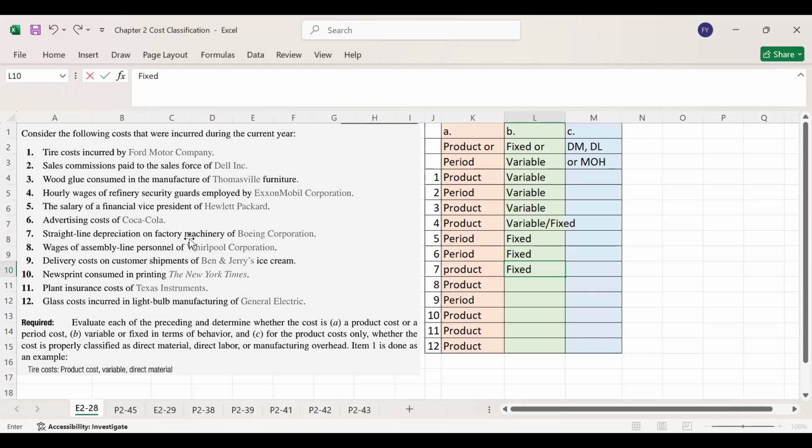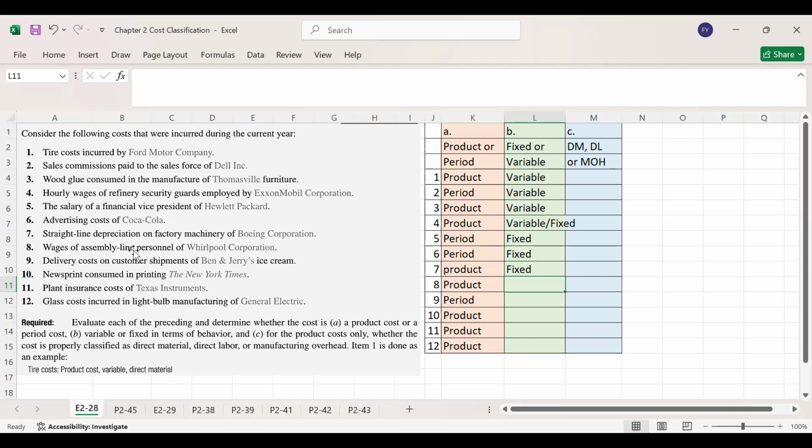If the depreciation is based on the hourly method or units produced method, then this depreciation will be a variable cost. But in this case, as it is a straight line method, this depreciation is a fixed cost. Next is wages of assembly line personnel.